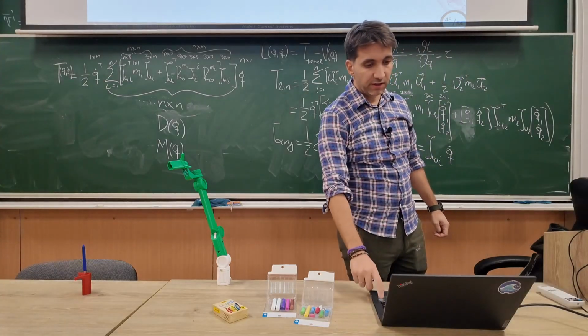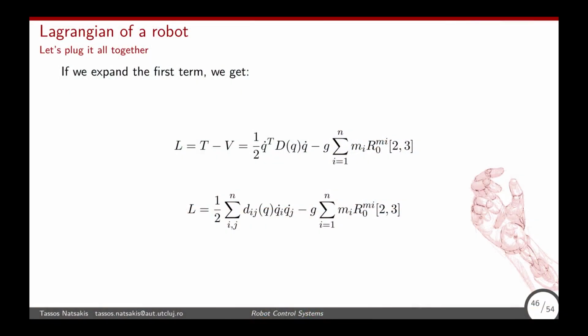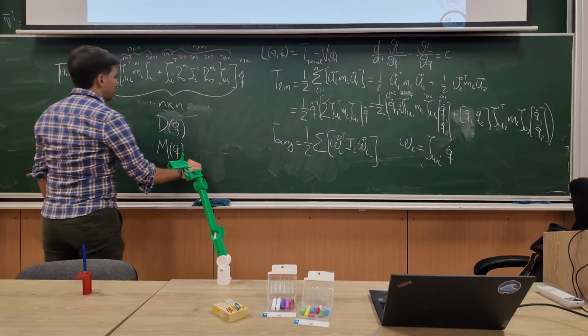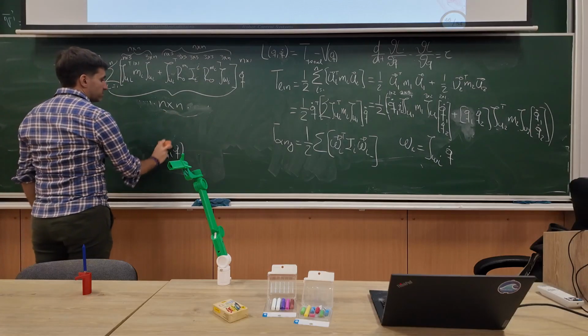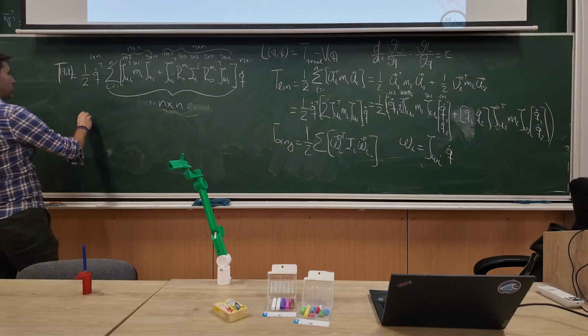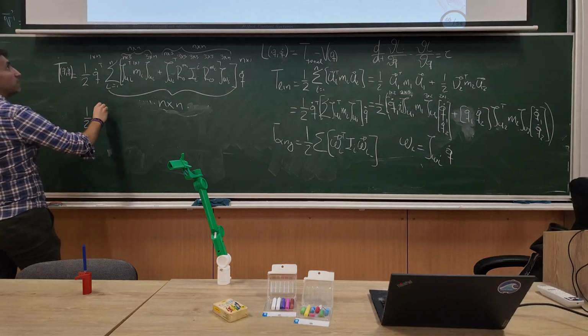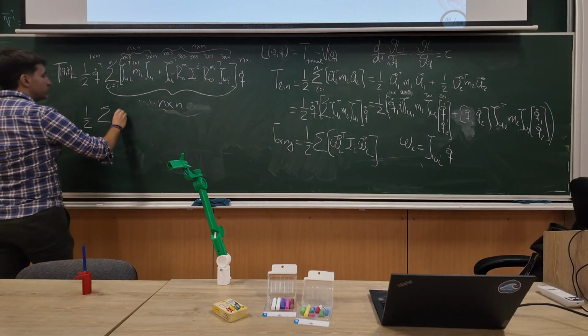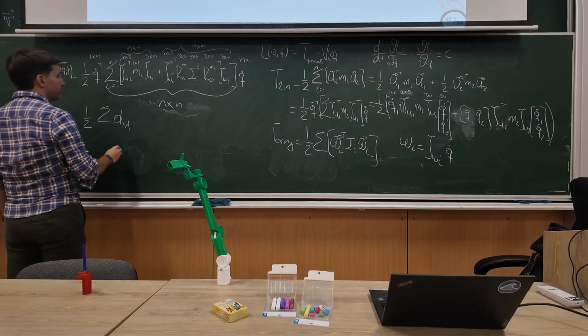In order to prepare for this, let's expand a little bit. And basically we can see that this part here we can rewrite as it is on the screen as well. This will be 1 over 2, the sum of the individual elements of i and j.